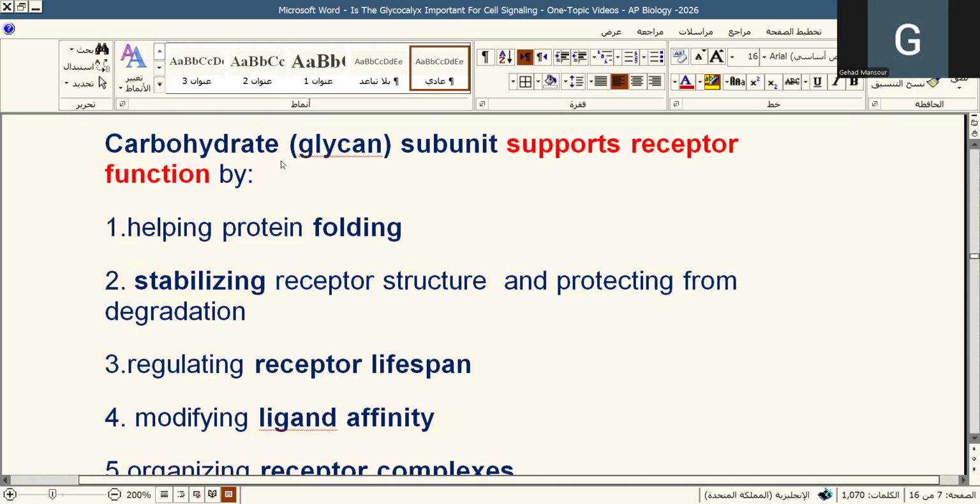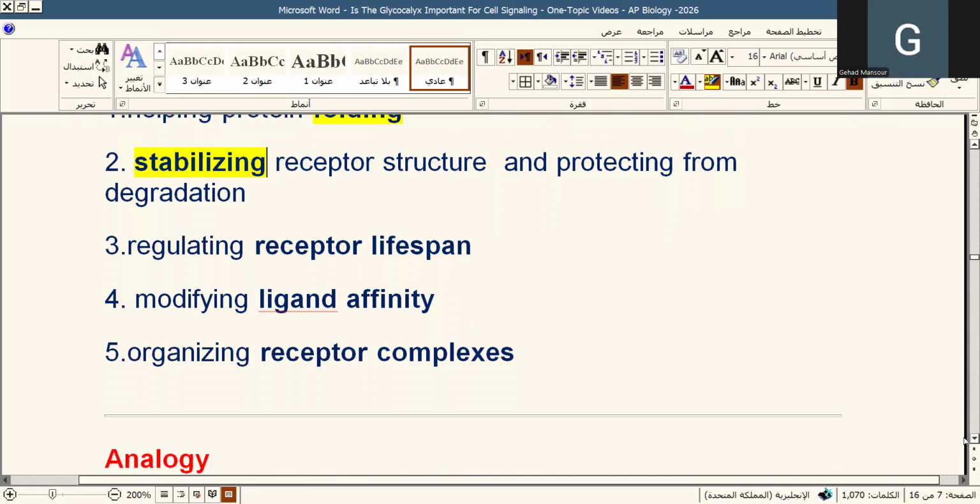So the role of the carbohydrates here is to make bonds with the protein molecule to adjust its three-dimensional conformation, so that the protein becomes folded in the correct manner, and stabilized and fixed in that structure so that it does not change. This helps prevent loss of the conformation or degradation of the protein.